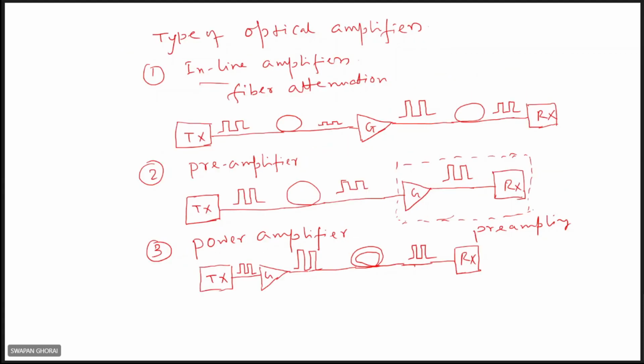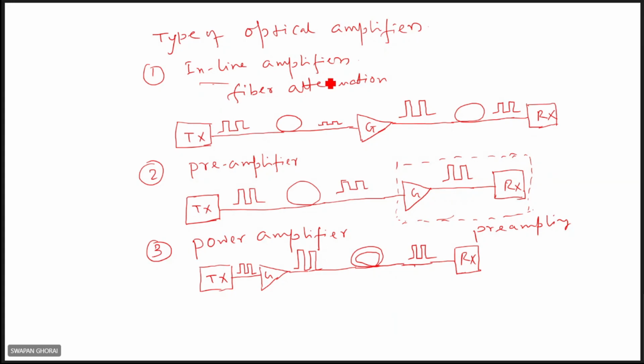The optical amplifiers can be of 4 types. It can be used as inline amplifiers to compensate the fiber attenuation. Suppose a transmitter and receiver are here, and in between the fiber dispersion is small, but the distance between transmitter and receiver will be determined by the attenuation.